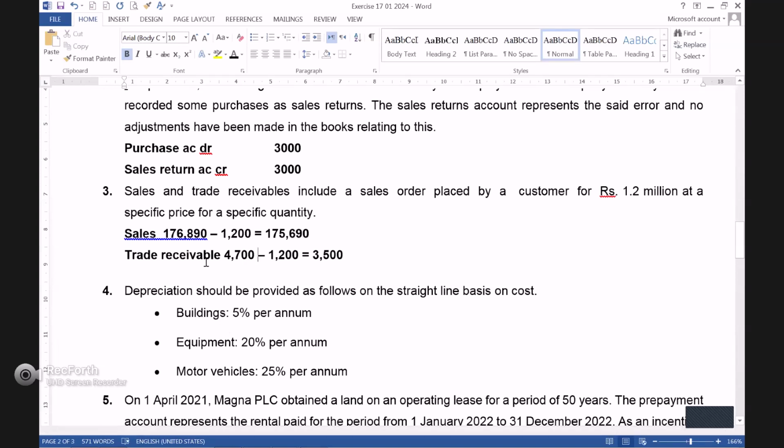At the same time, the trade receivable 4,700 minus 1,200. The trade receivable amount is 3,500.